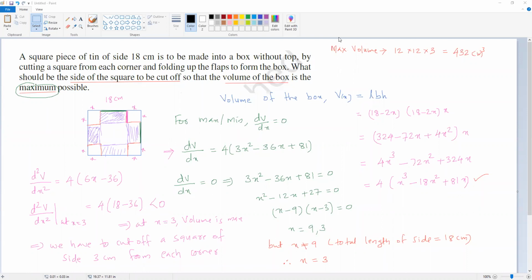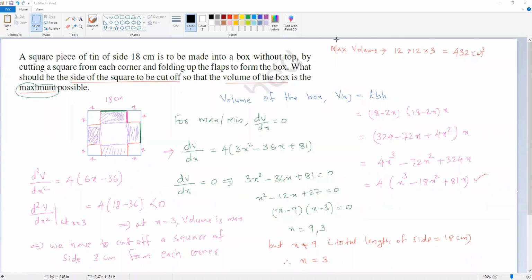So in this question, they didn't ask for the maximum volume, but we found it. So the square of side 3 centimeter should be cut from each corner, and then the maximum volume will be 432 cubic unit. Okay, understood?